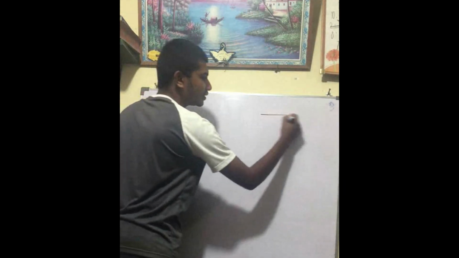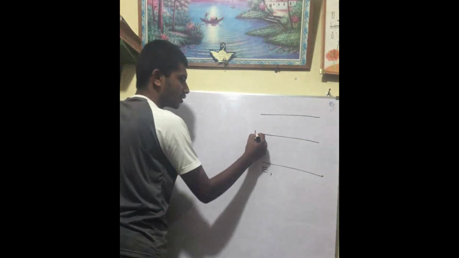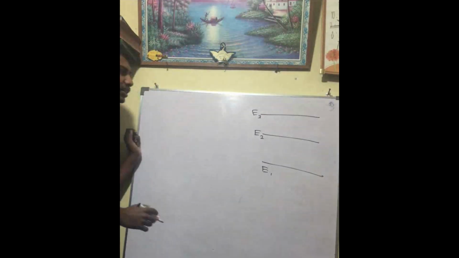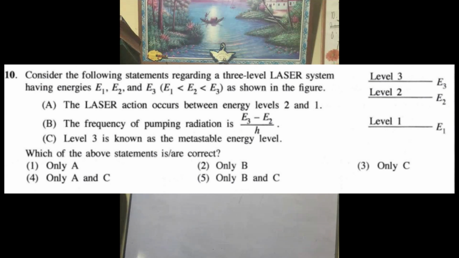So guys, these are the three energy levels, E1, E2, and E3. They are saying that laser action is happening between these three energy levels. So the first statement is: the laser action occurs between energy levels 2 and 1.